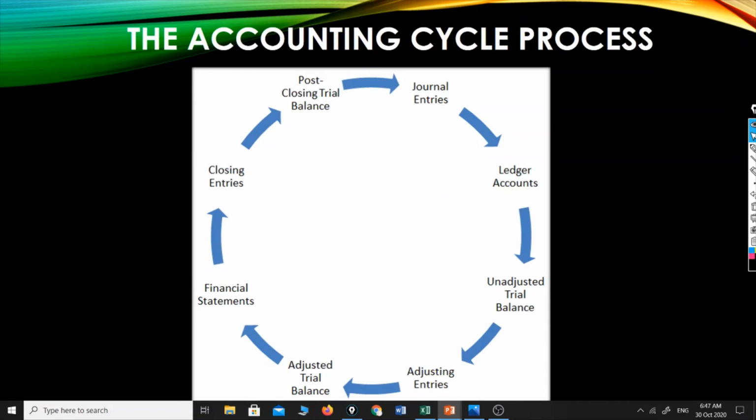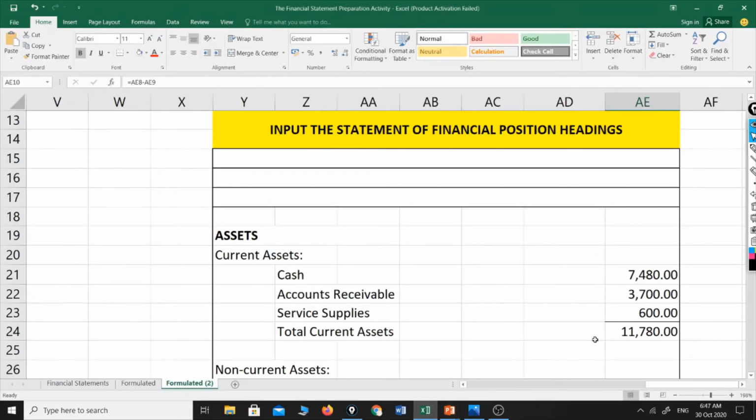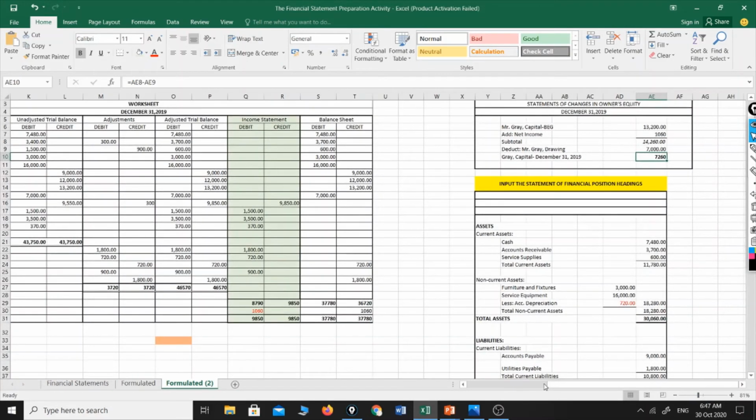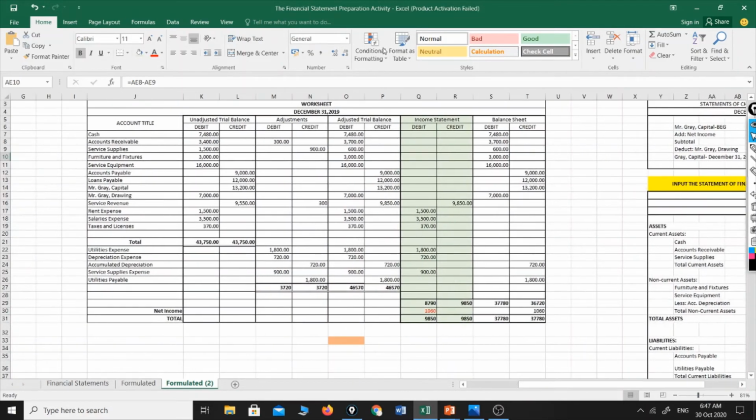so let's have an example. Continuing our illustration, Gray Company. Okay, so we have here our worksheet. Now, the worksheet, of course, lays down all the information that we need in preparing a balance sheet.